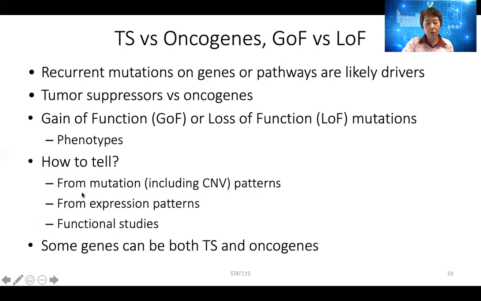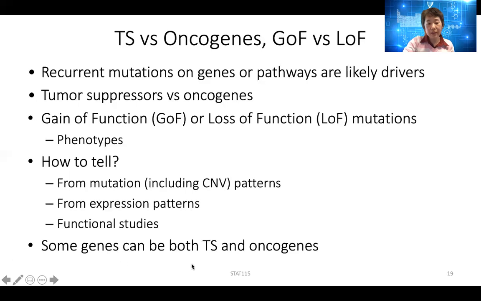You could look at mutation patterns, including the copy number variation patterns. You could also look at their gene expression patterns. Of course, Dr. Getz mentioned last lecture that these are all hypotheses. You still need functional experiments to really figure out how this happened.